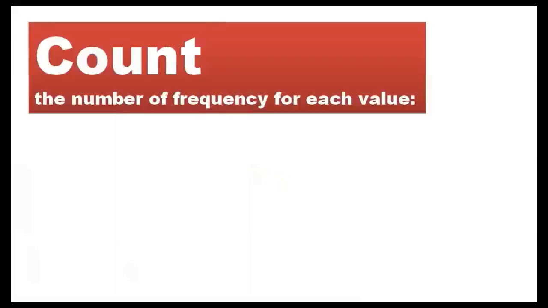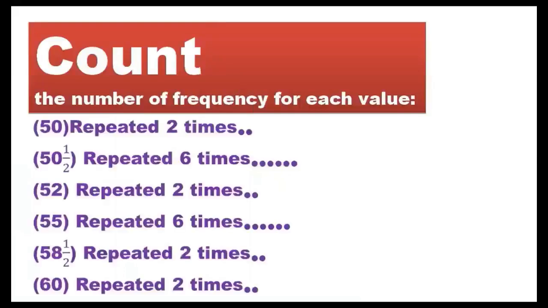Count the number of frequency for each value. For example, 50 repeated 2 times, 50.5 repeated 6 times, 52 repeated 2 times, 55 repeated 6 times, 58.5 repeated 2 times, and 60 repeated 2 times.